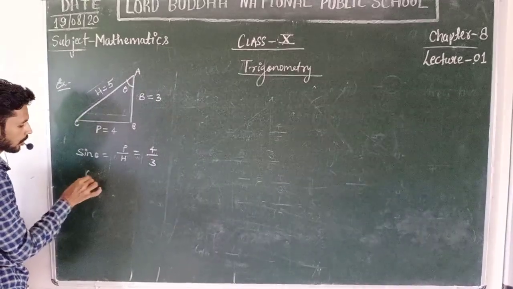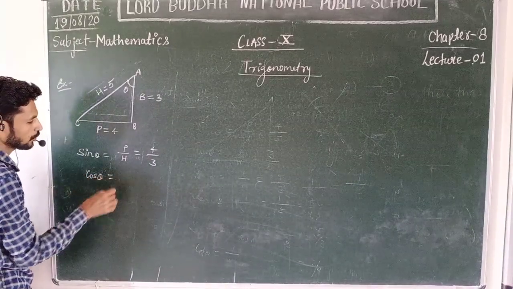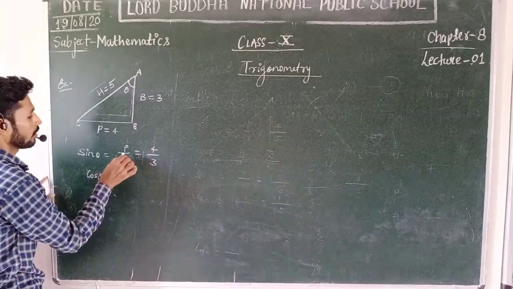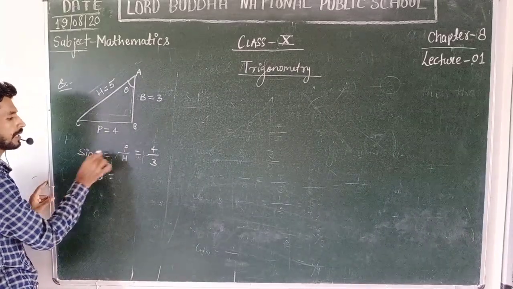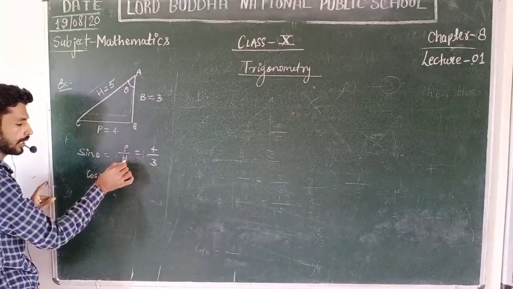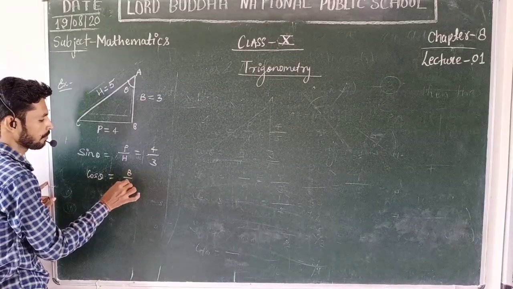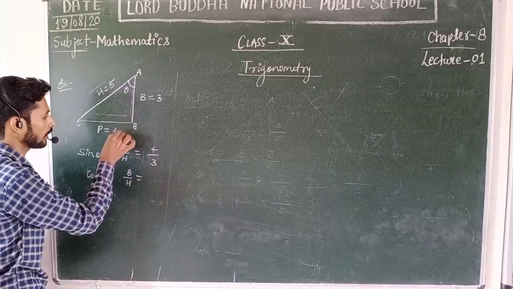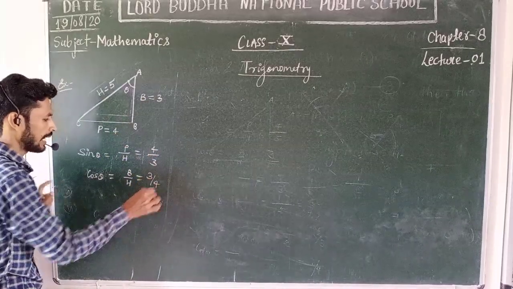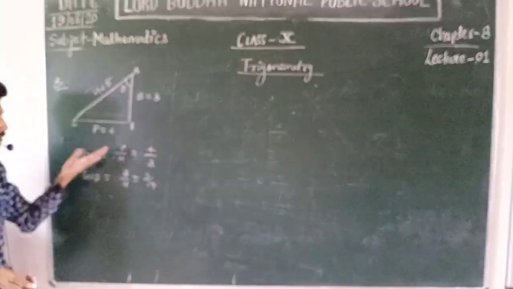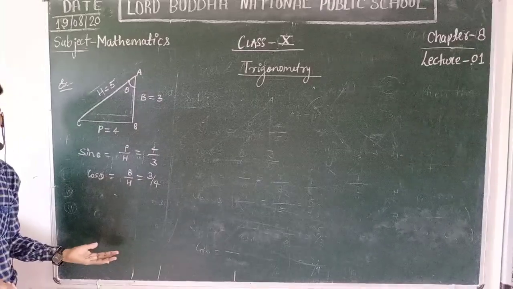Next one is cos theta. If sin theta is perpendicular upon hypotenuse, then cos theta is base upon hypotenuse, that is equal to 3 by 5. Like this you can find out all these trigonometric ratios.